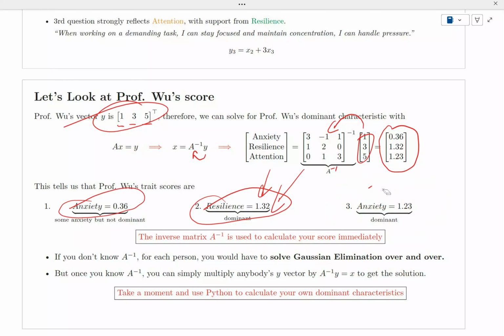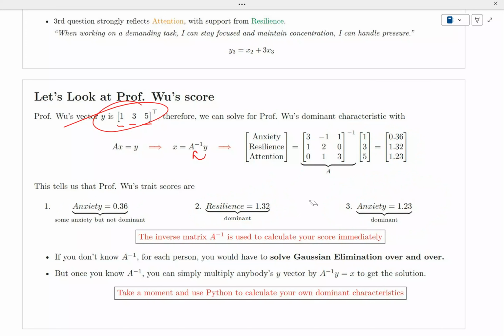By answering the questions, we can collect the data and essentially reverse engineer the dominant feelings I have. What is interesting here is that I didn't solve this using Gaussian elimination. I found A inverse, which is some kind of fixed matrix we already know, and we just multiply our score by it and get the solution back. This is actually a better way.